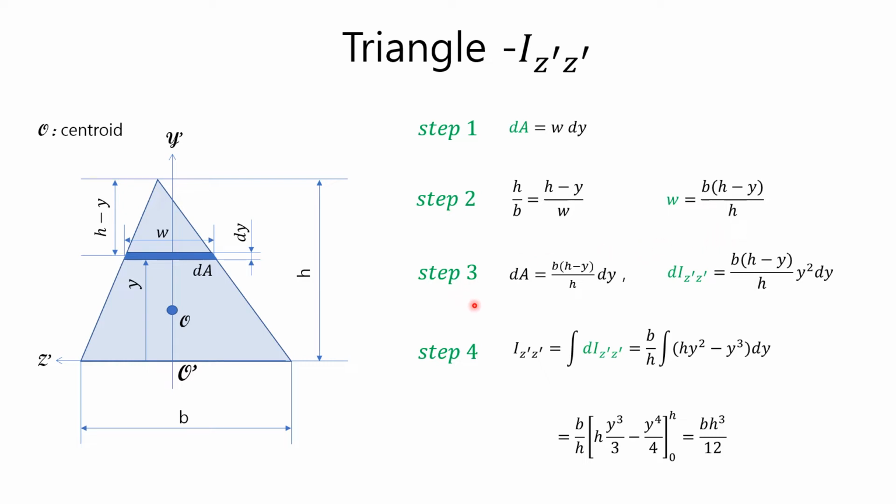And step 3, we calculate the small moment of area dIz prime, which is the product of dA and y squared. Therefore, second moment of area can be obtained by the integration of this expression from 0 to h. Consequently, we end up with bh to the 3 over 12.